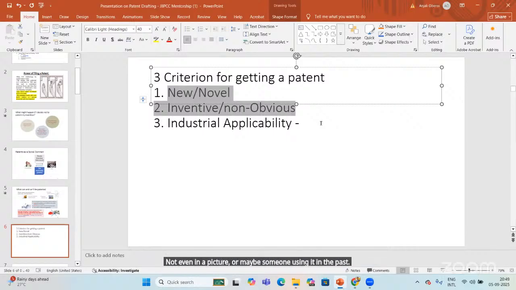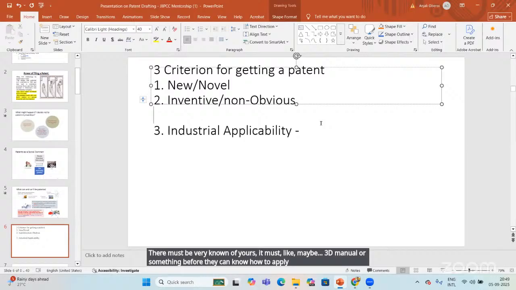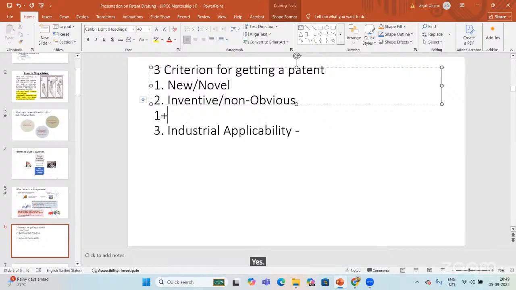It must be very new, non-obvious and inventive. It must be something that when people see it, they don't immediately know how to apply it. They must maybe read the manual before they can know how to apply it. Exactly. Thank you for this wonderful explanation.